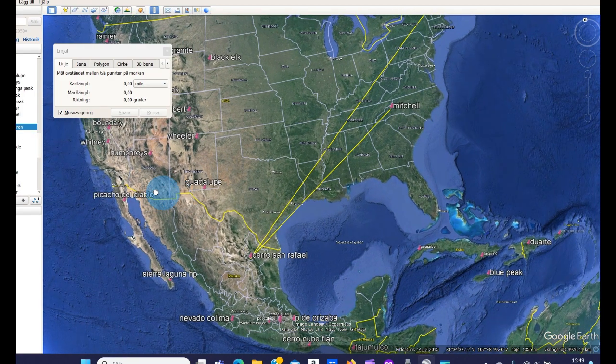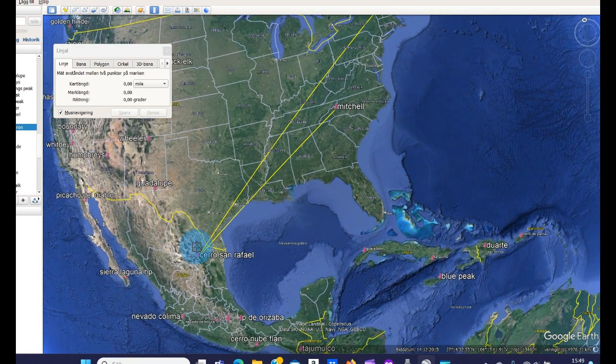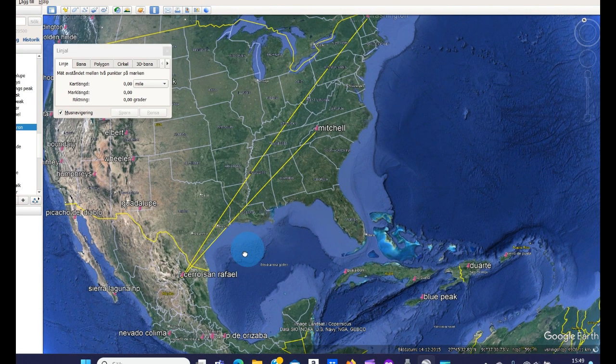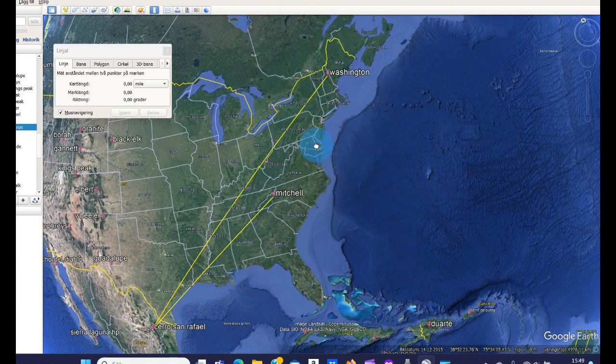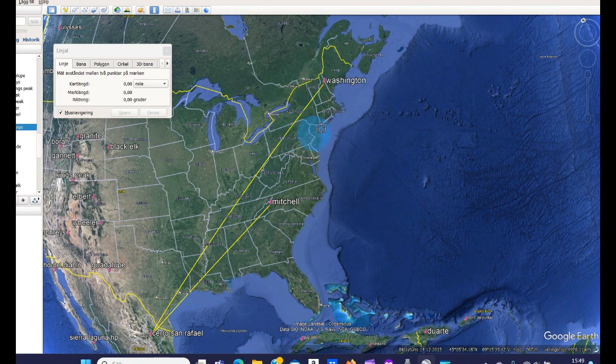And this time it's from the mountain we reached last, Cerro San Rafael, the dominating peak in northern Mexico, up to two mountains, the two dominating, you can say, in the eastern United States. The highest of them all is Mount Mitchell in North Carolina. And if you go even further to the northeast, we have Mount Washington in New Hampshire as the highest peak in the northeasternmost New England area.